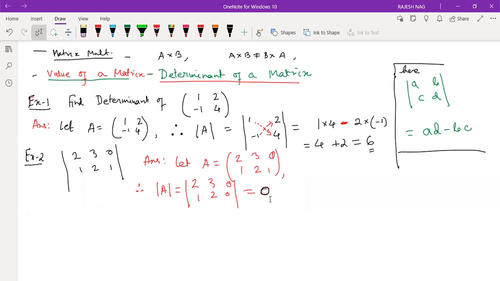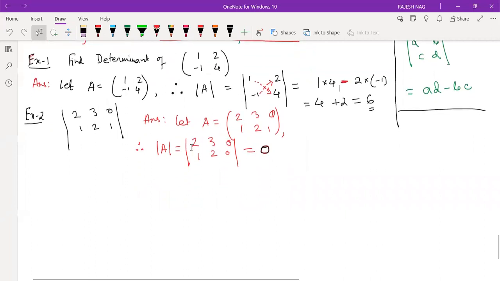So only when you find the value of the matrix are you dealing with a square matrix. For a rectangular matrix the determinant is always 0, so no need to calculate. We only find the determinant of a square matrix. So naturally the 2 cross 2 determinant is done.